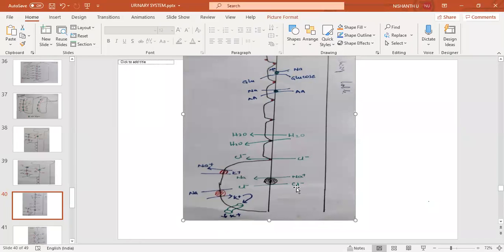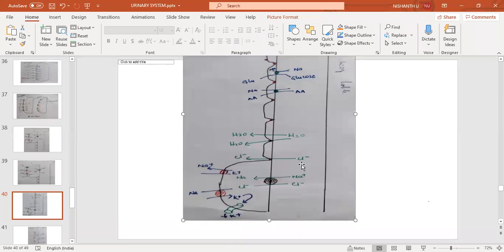Sodium is moving, chloride is also moving, both moving in a favorable condition. This transporter is called the sodium chloride co-transporter. That means chloride can be reabsorbed. Sodium along with the chloride will move from the tubular fluid to the cell. This is method number one.